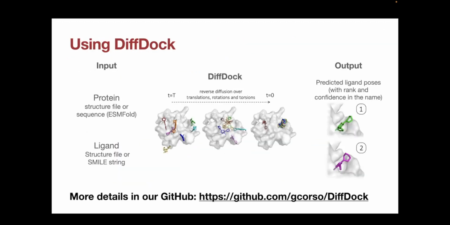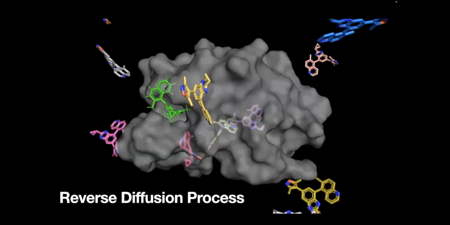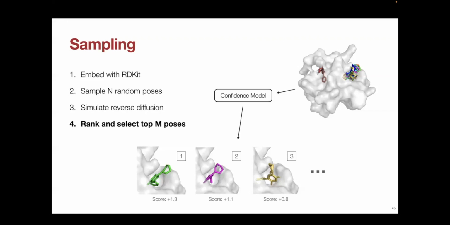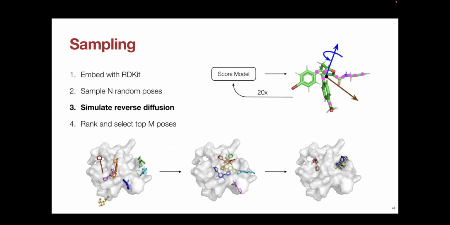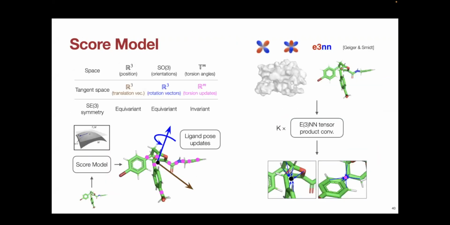So the sampling process itself is not driven by any physics-based energy or scoring function. Oh, are you talking about this part, this ranking of the poses? Nope, I think going back further. Okay, the actual sampling itself.